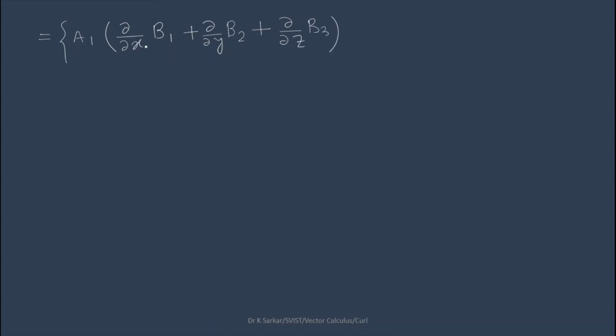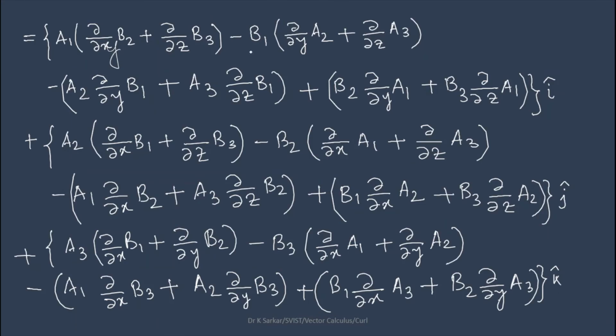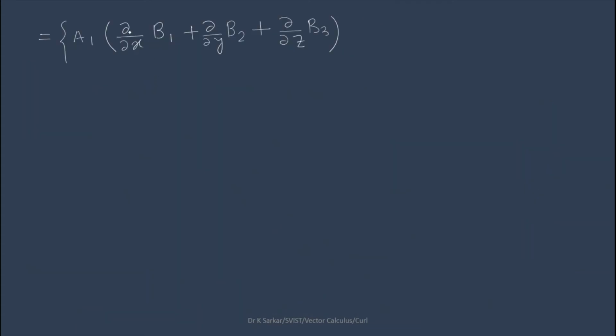Now this is the extra term which we have added, so we have to subtract that. And we will subtract here. Why? Because here a2 del y b1 plus a3 del z b1, so the next term will be a1 del x b1. So we have added here a1 del x b1, that will be subtracted there.